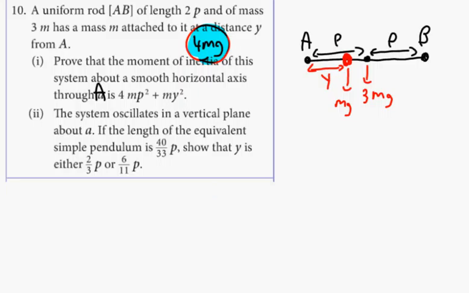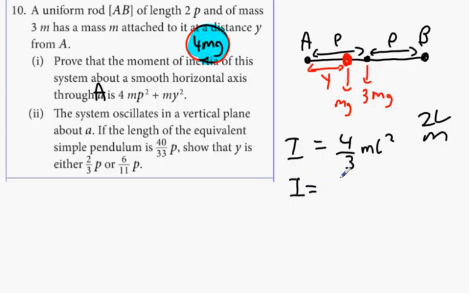What is the moment of inertia of a rod about its endpoint? Rod about its endpoint, anybody? It's 4/3 ml squared. What are the specifications for that? The specs, so to speak? 2L and m. What do we have?